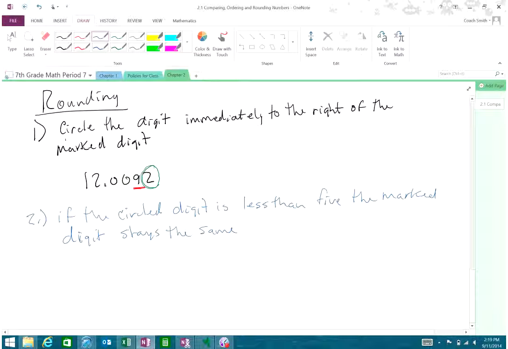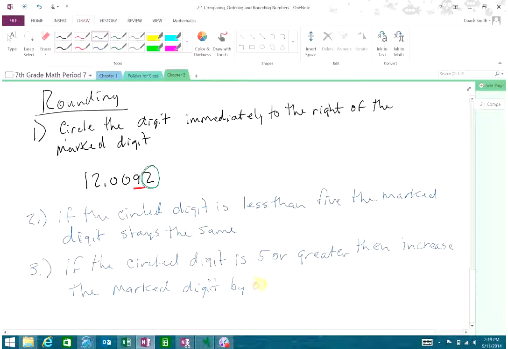Step 3, if the circled digit is 5 or greater, then increase the marked digit by 1.